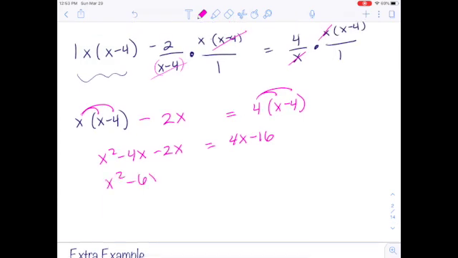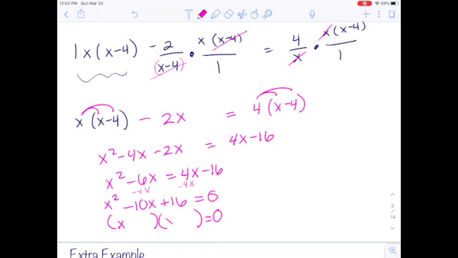Keep going. We've got x squared minus 6x is equal to 4x minus 16. Combine your like terms. So we'll subtract 4x from both sides. That'll give you a negative 10x. And looks like we're going to have to solve by factoring, so I'm going to bring over the 16, make it positive, and factor.